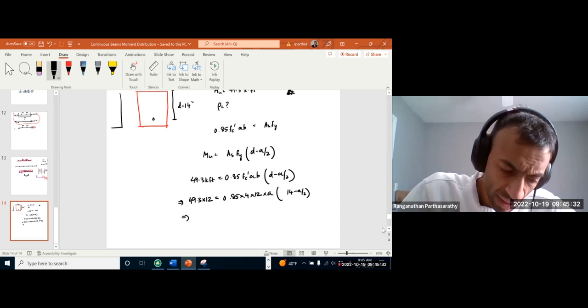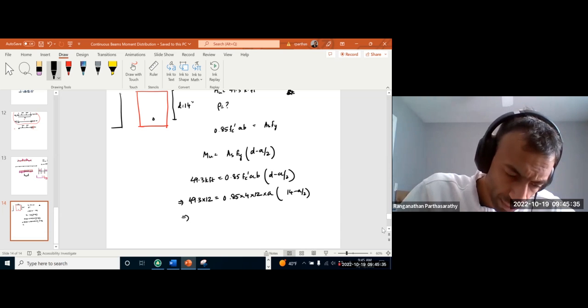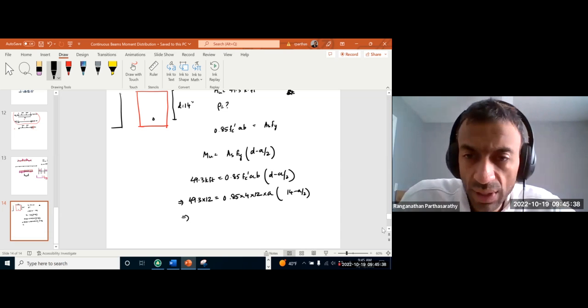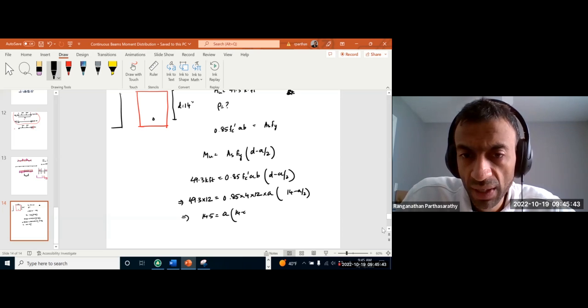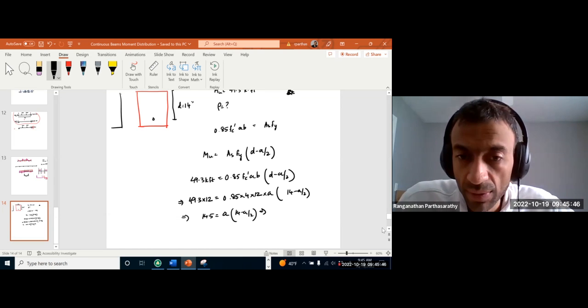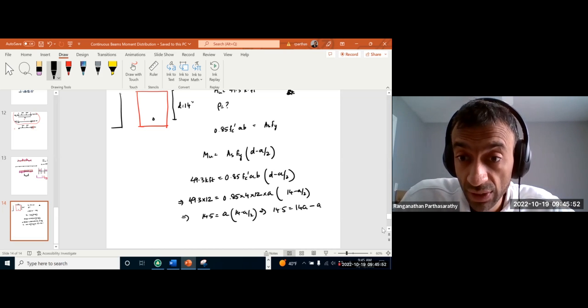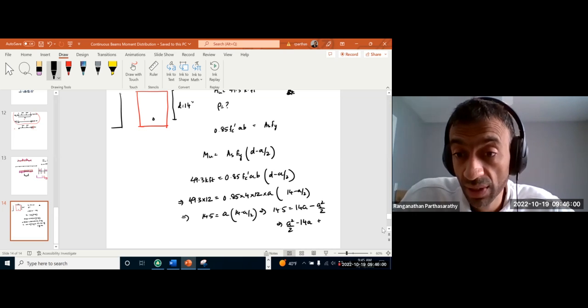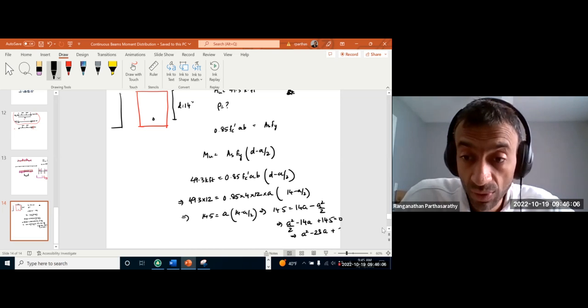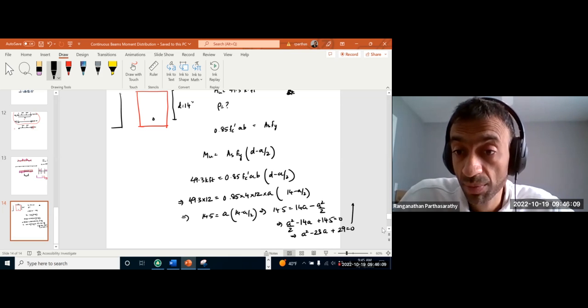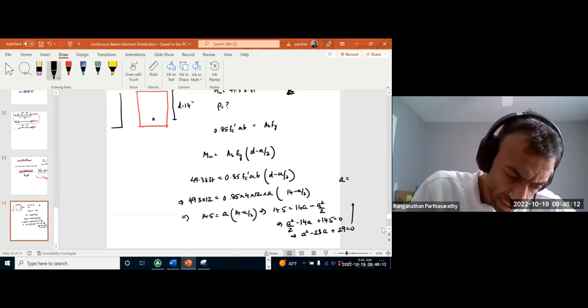So times 12 divided by this side, we have 14.5 is a times 14 minus a by 2, and 14a minus a squared by 2. So a squared by 2 minus 14a plus 14.5 is 0, or a squared minus 28a plus 29 is 0. From here we can get our a.